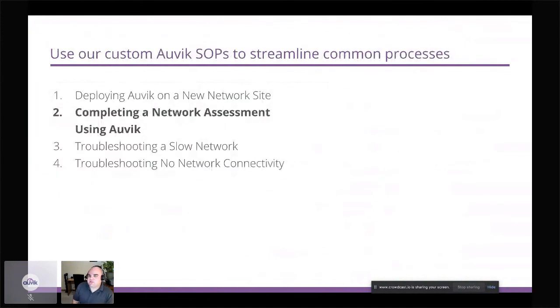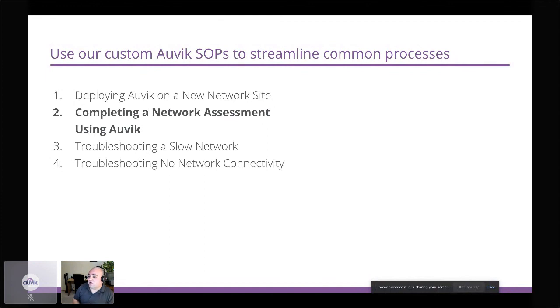Okay, so another resource we have is our custom Auvik SOPs, or standard operating procedures, to streamline common processes. The topic we're looking at today was network assessments and QBR reports, so there is a custom SOP that we've created on completing a network assessment using Auvik.